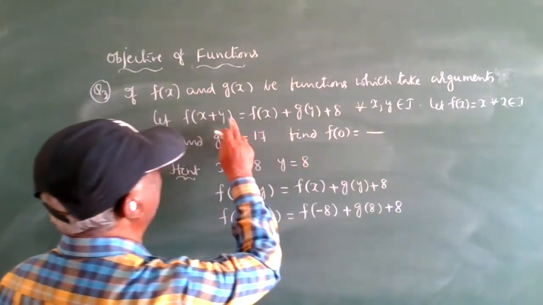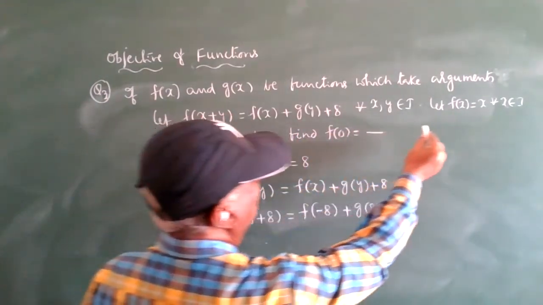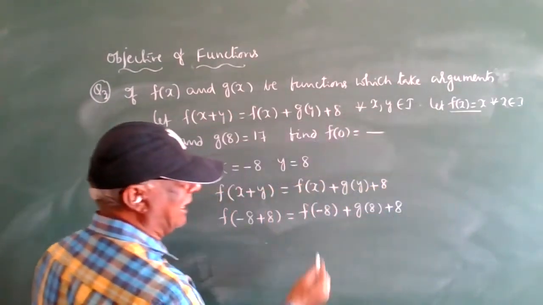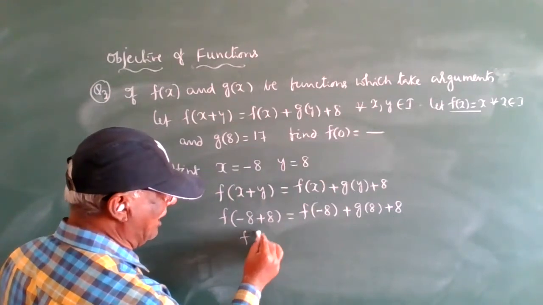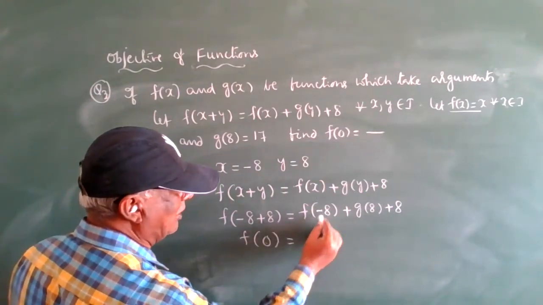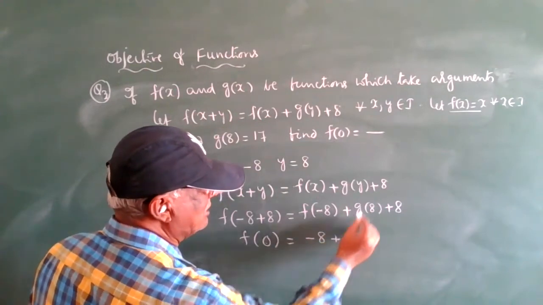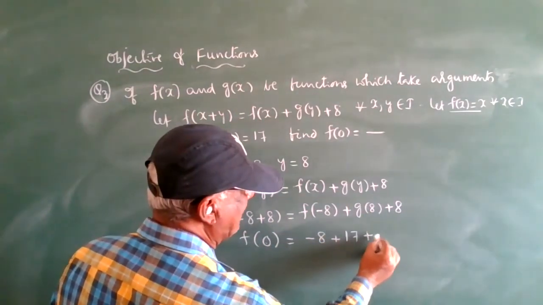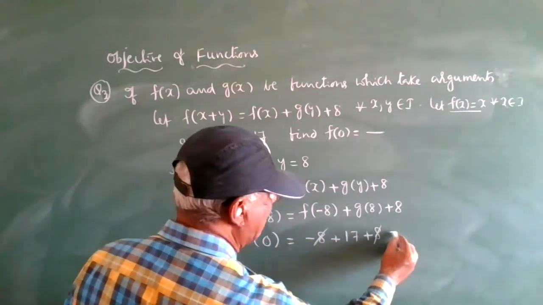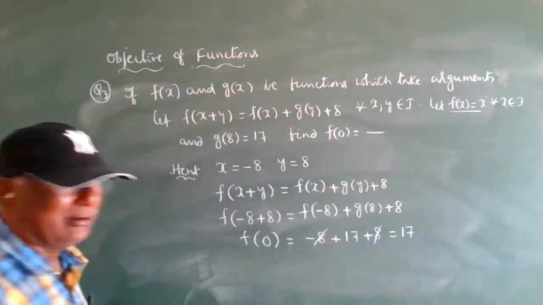Next, f of x is defined as the same x. So here f of 0 is equal to minus 8 plus 17 plus 8. Both are cancelled. Answer is 17.